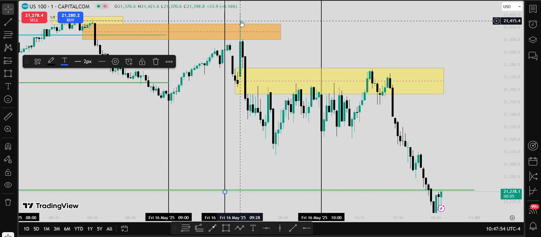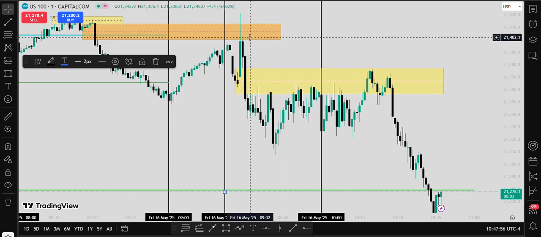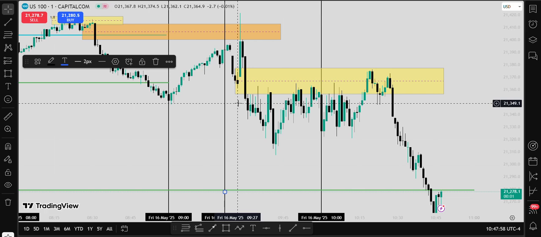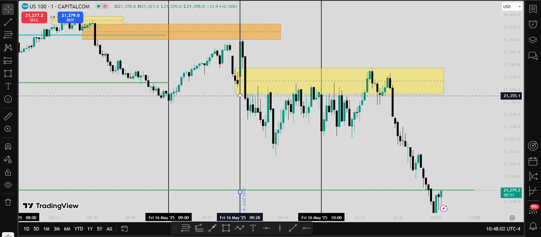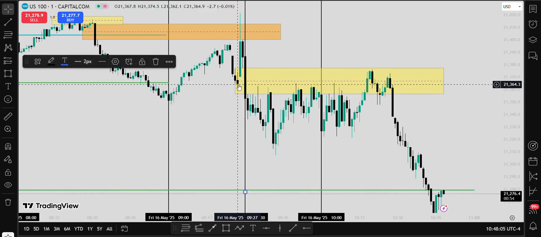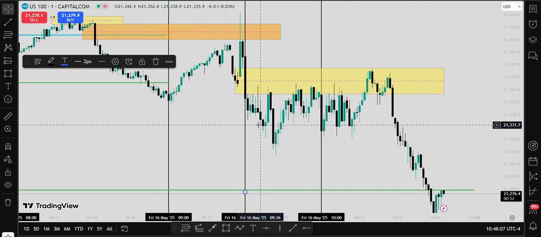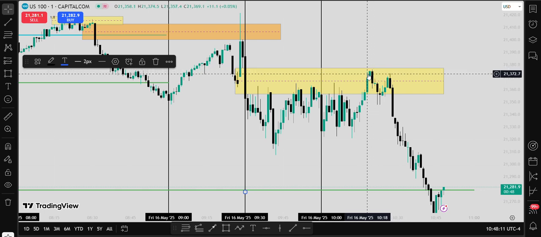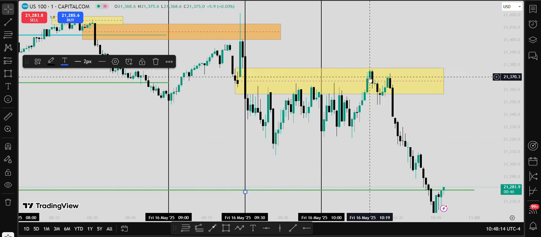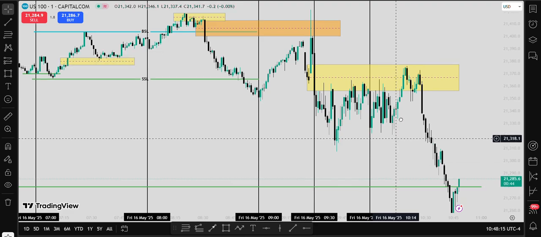Once this high was created and the bodies respected the CB, it sold off, giving us a fair value right there at market open. And that fair value, if you extend it to the right, you can see is being retested many times, but no candle closed above it.